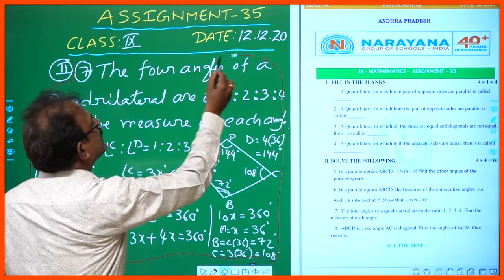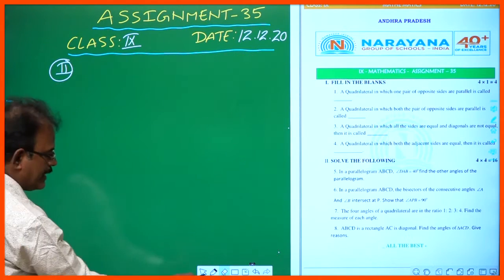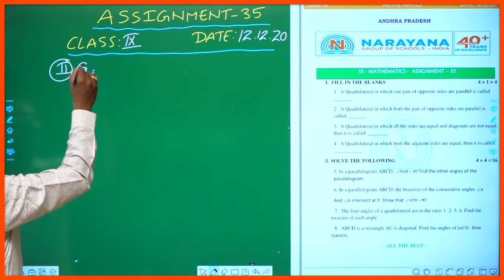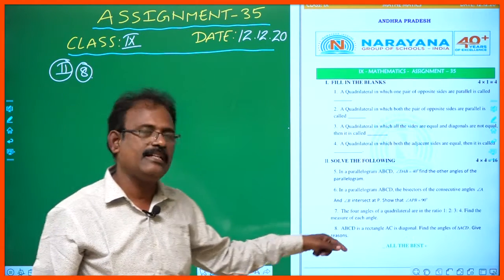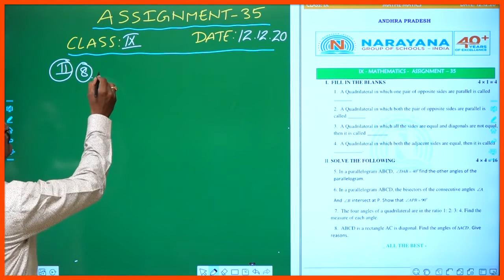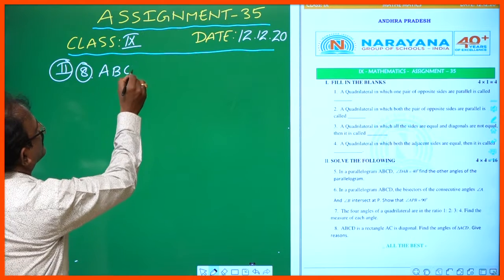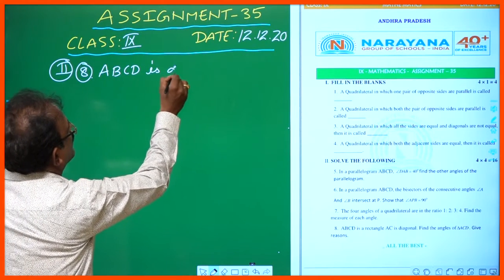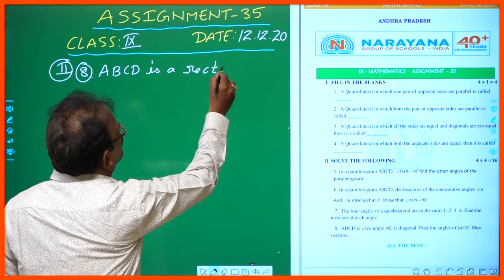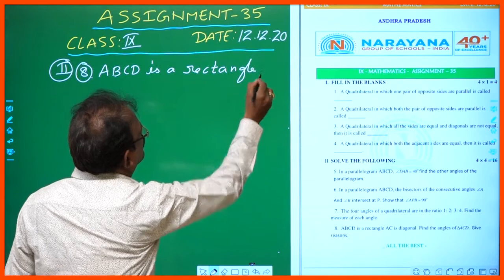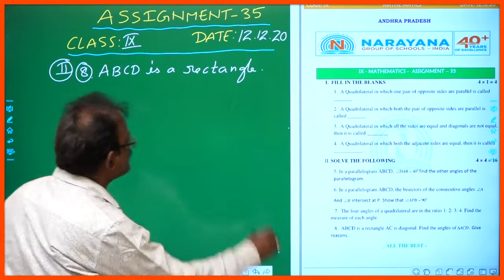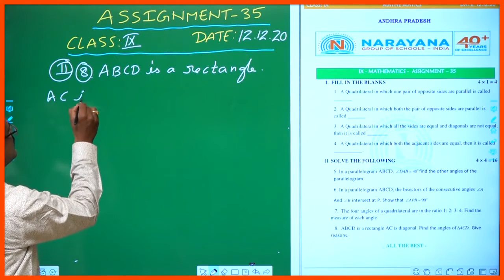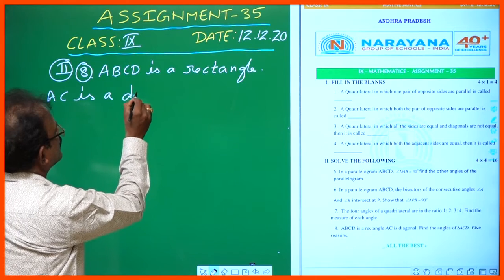Now the last question is question number 8 from the second Roman. What is given? ABCD is a rectangle. AC is a diagonal.